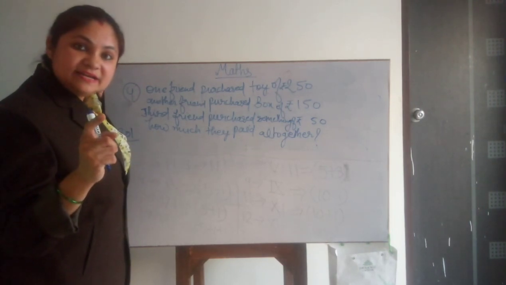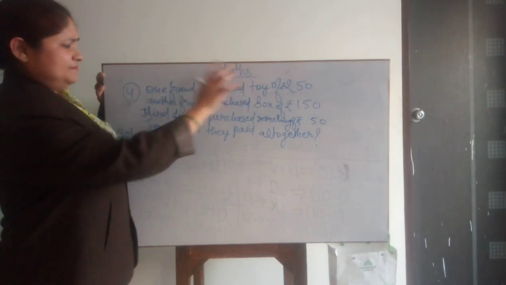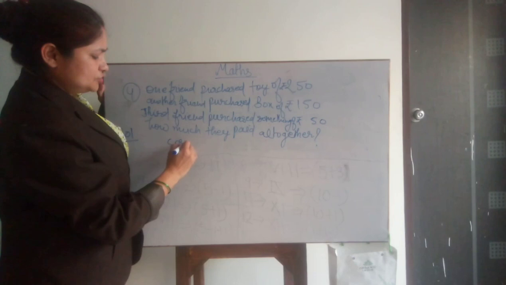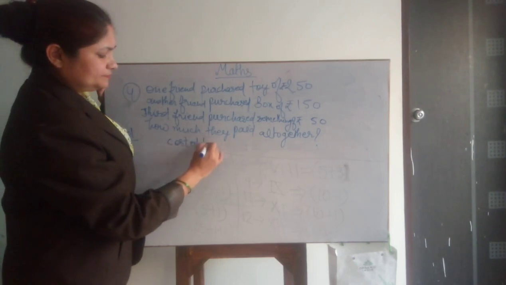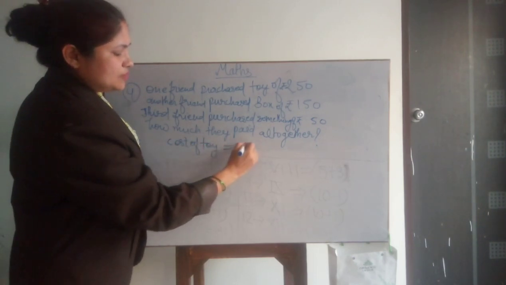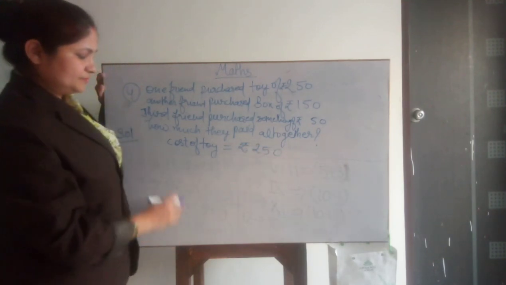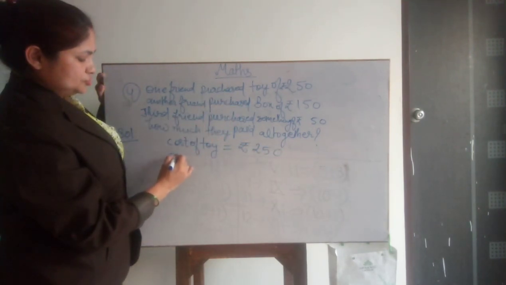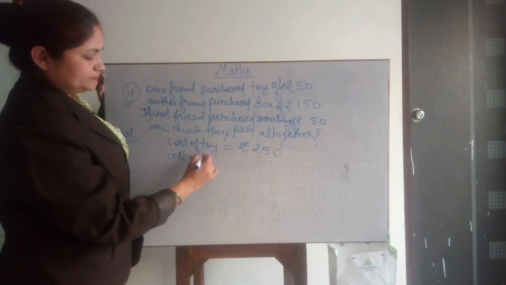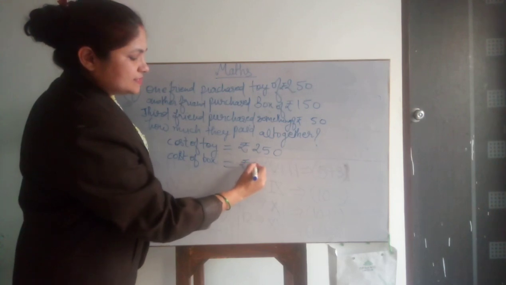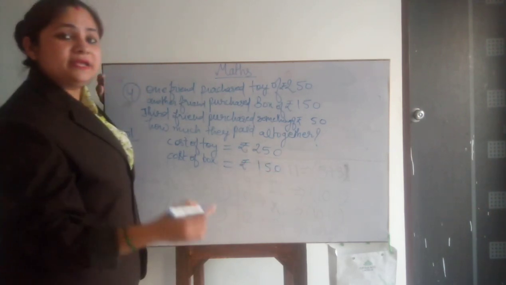How will we make the sentence? Same way. Friend purchased toy of, so just write: cost of toy is equal to rupees 250. Then cost of box is equal to rupees 150.